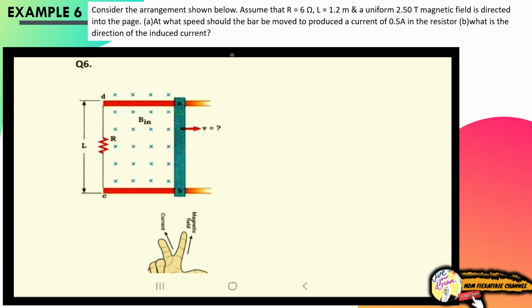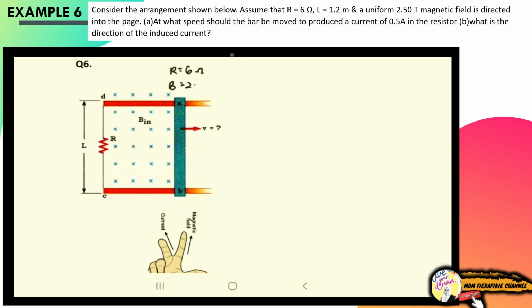Okay, so here we have question number 6. Consider the arrangement shown below. So here we have the arrangement, and assume the resistance of the conductor is 6 ohm. Alright, so R is given 6 ohm, and the uniform magnetic field is 2.5 Tesla.